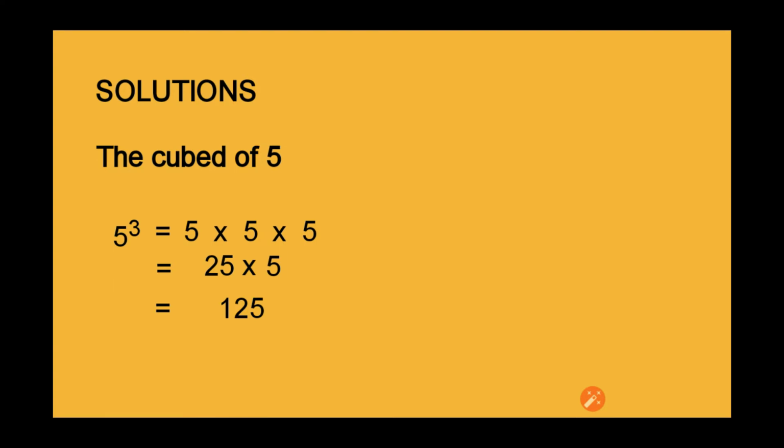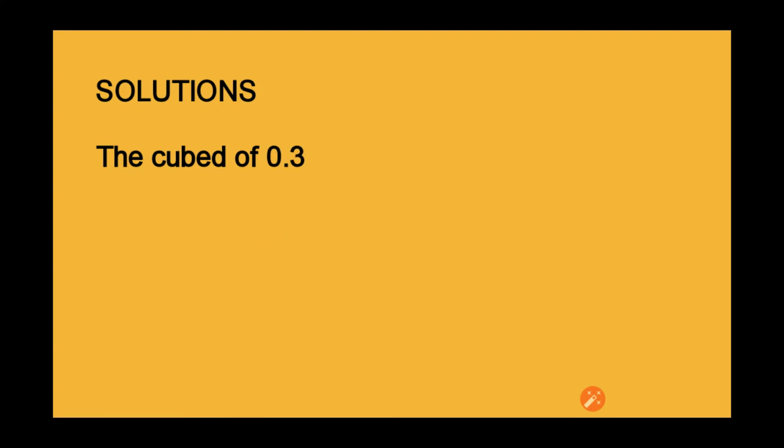Let's also look at how to solve the cube of 0.3. The cube of 0.3 simply means 0.3 raised to the power of 3. This can be written as 0.3 times 0.3 times 0.3. That is, I'm multiplying 0.3 by itself 3 times.